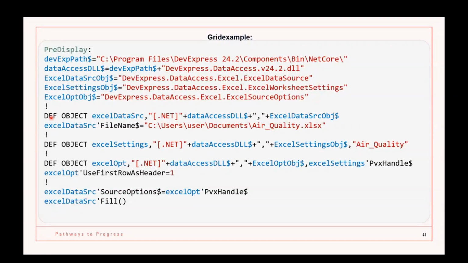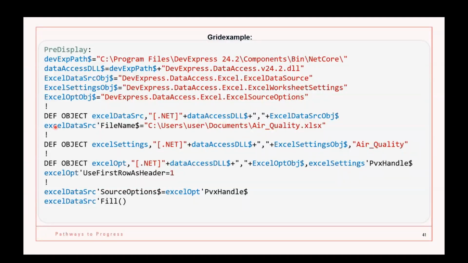Once I have this object, I can set the file name property. This is where I'm specifying what the Excel file is, where my data is. The next thing I need to do is specify what worksheet I want to load data from in my Excel file. So this is where the Excel settings object comes into play.